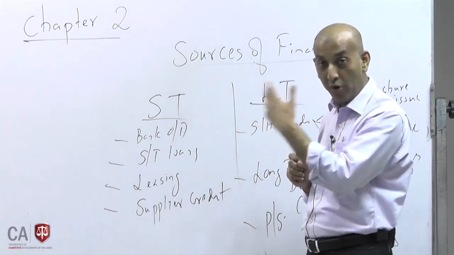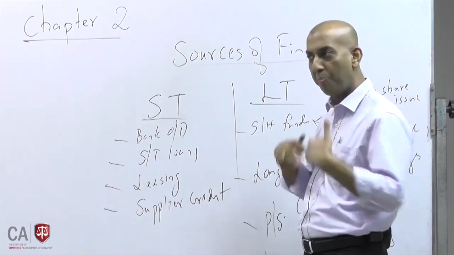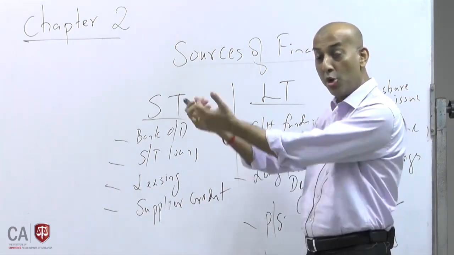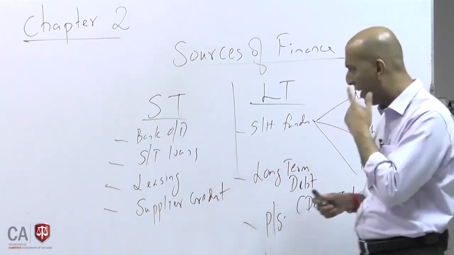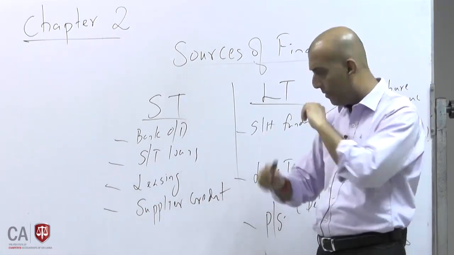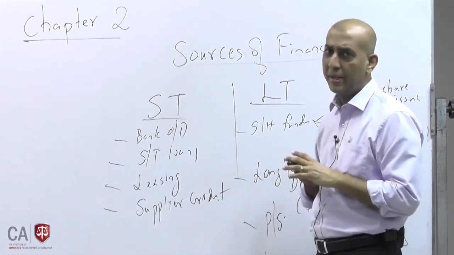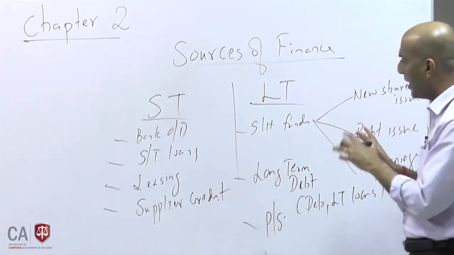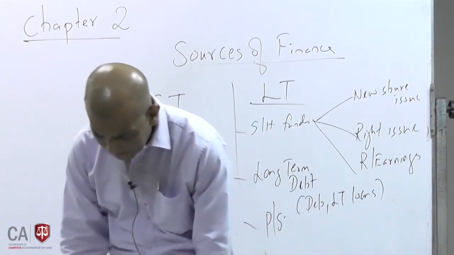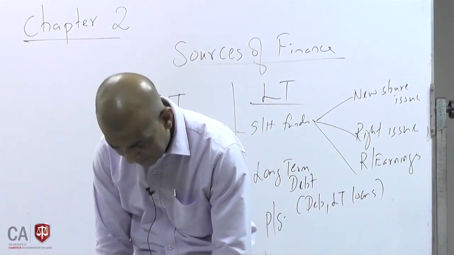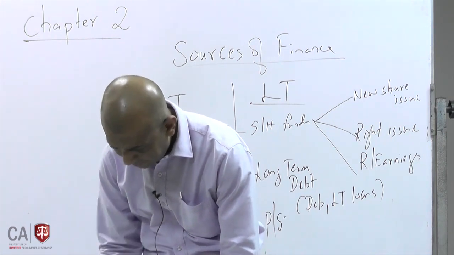If you don't have supplier credit, you are under pressure to pay your supplier on a regular basis to get the products from them. So please note, this is an important source of finance. Even though it is short-term in nature, this is something needed. So these are, just to get an idea, long-term and short-term sources. You might look at the study pack for better understanding of the wordings.